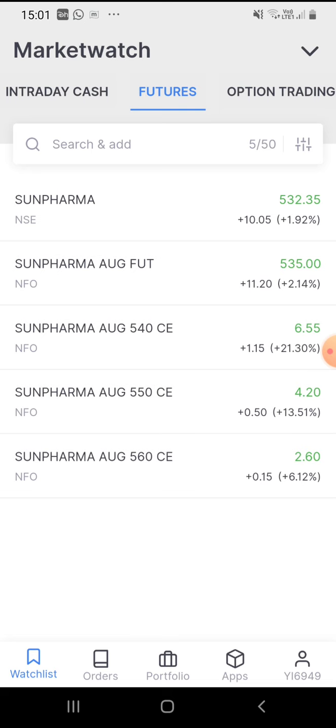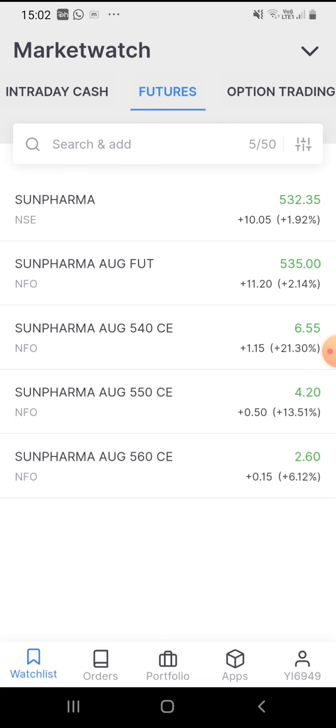So if we bought Sun Pharma, I'll tell you an example. Sun Pharma we bought at 535. Sun Pharma real value was 535. We bought the 540 CE at 6.55, and Sun Pharma increased from 535 to how much? 542. For example, 7 rupees increase in real value.